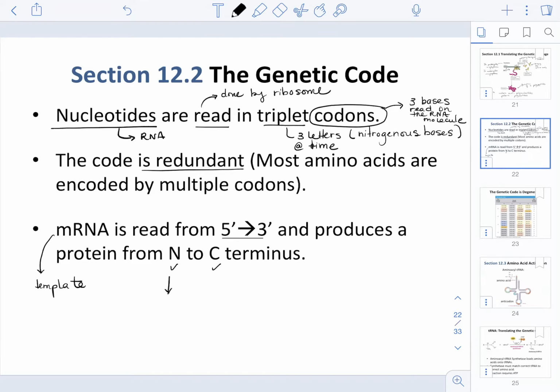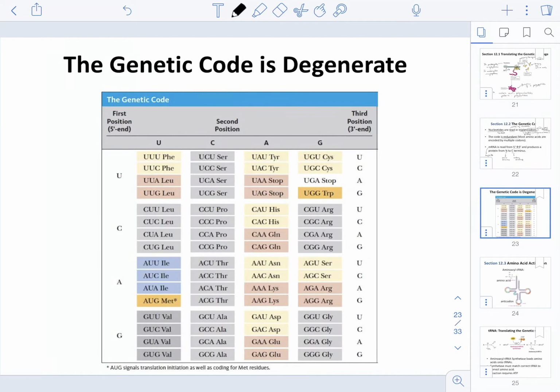N stands for amino terminus, and the C terminus is the carboxy terminus. Another word for redundant is degenerate.